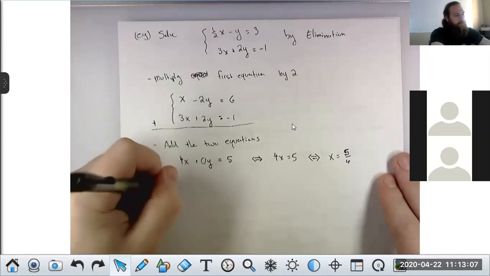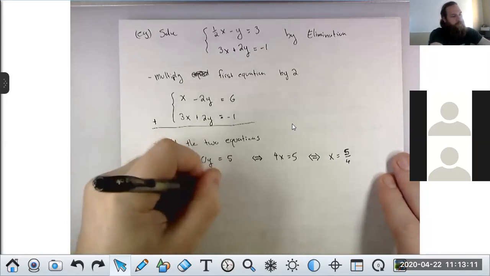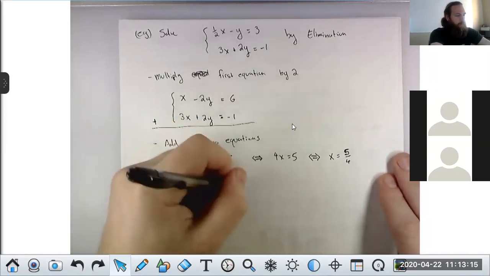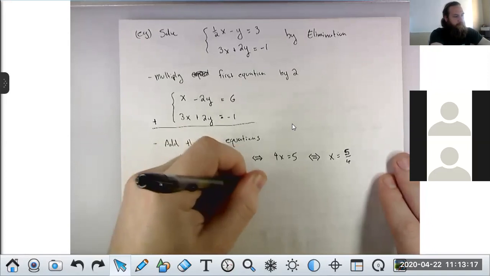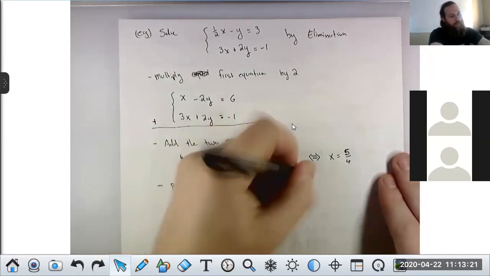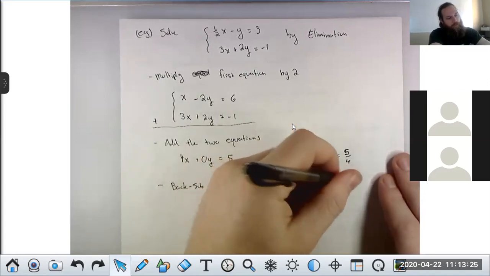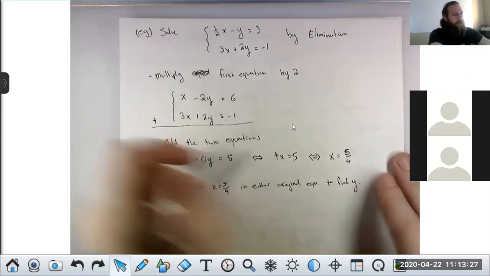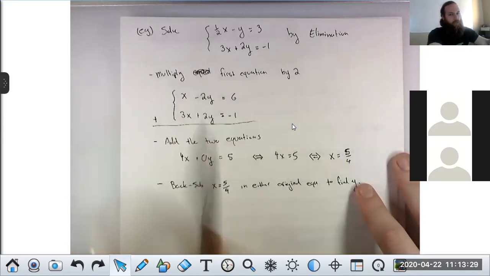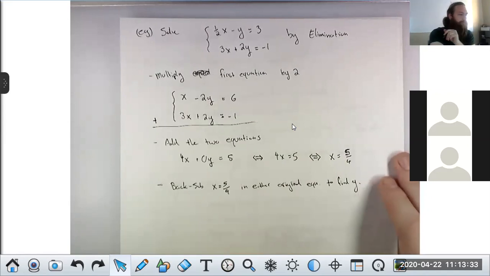Now I backsub x equals 5/4 in either original equation to find y. In truth, you could backsub this into any of the equations that we've had that have both x and y in them, because they're all equivalent.